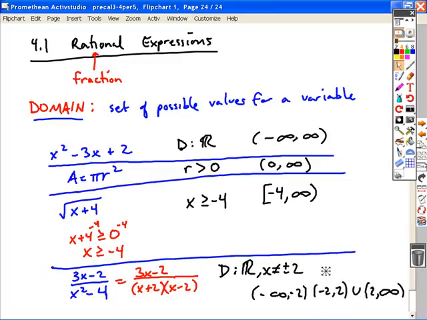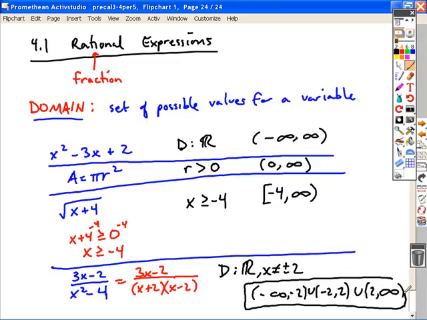Since we're dealing with multiple sets of intervals, we join them with the union of sets symbol. It's a somewhat complicated way to express the same thing, but you do need to be aware that this may be the form that I'm asking you to identify.